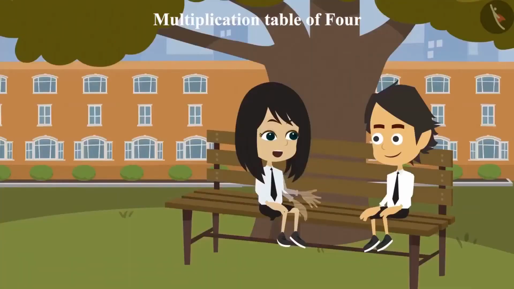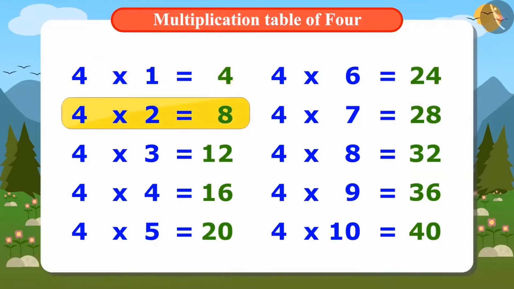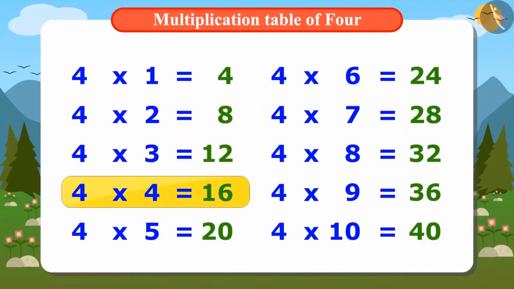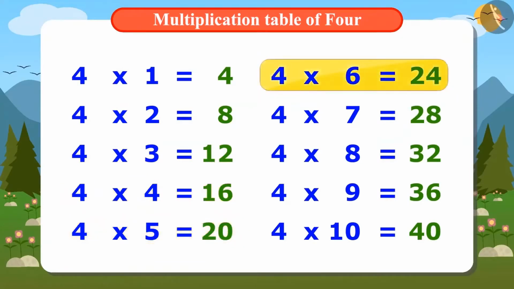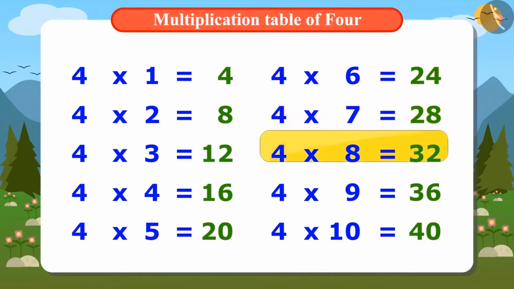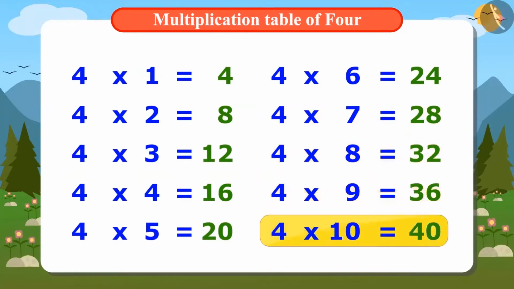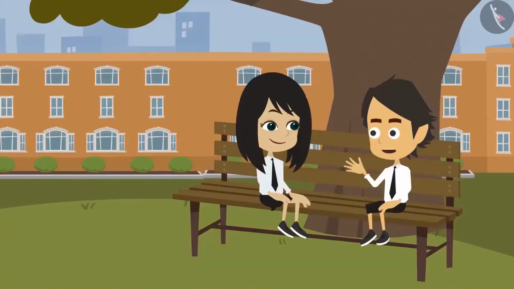Yes, now let's memorize this multiplication table of 4 in a sing-song manner. 4 ones are 4, 4 twos are 8, 4 threes are 12, 4 fours are 16, 4 fives are 20, 4 sixes are 24, 4 sevens are 28, 4 eights are 32, 4 nines are 36, 4 tens are 40. This is fun. This way we can easily remember the multiplication table of 4.